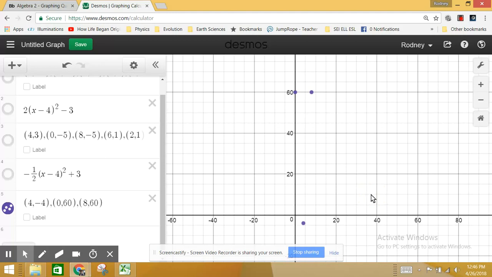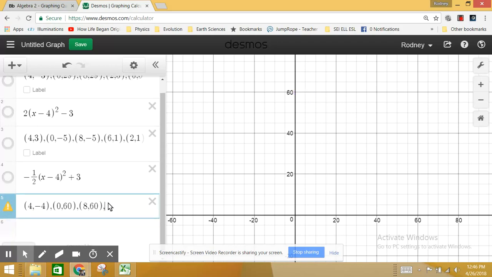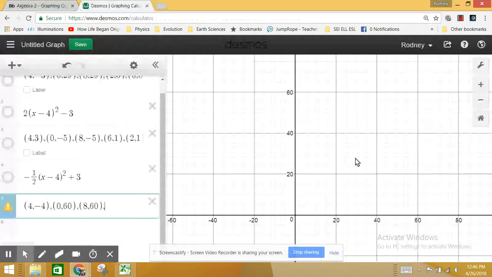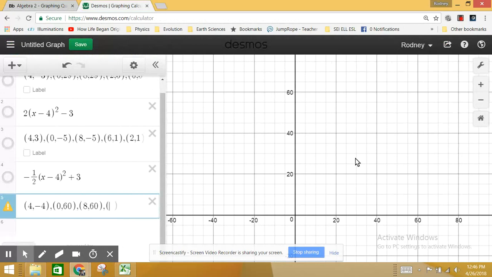And I'm going to leave it like that so you can see that it's all squished together and stretched up tall. It's an upward opening because we had a positive 4 as our A value. And then we have (2, 12) and (6, 12) to plot.